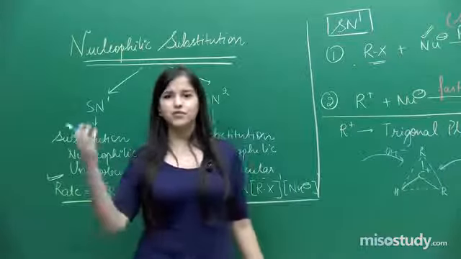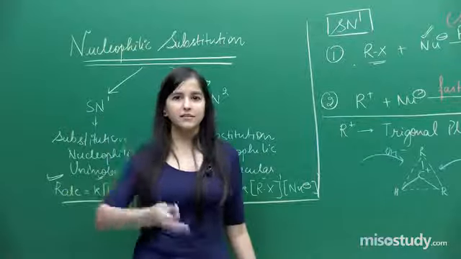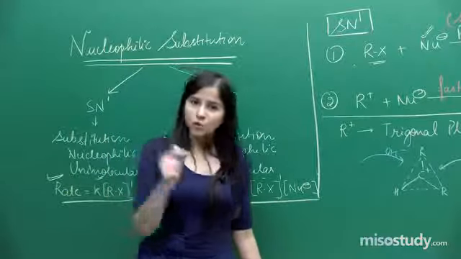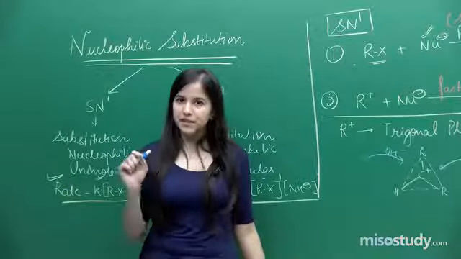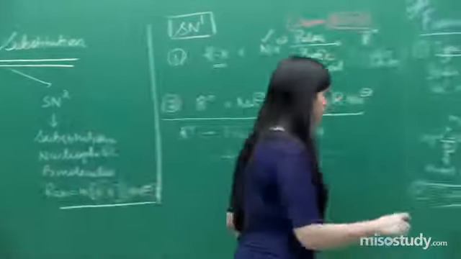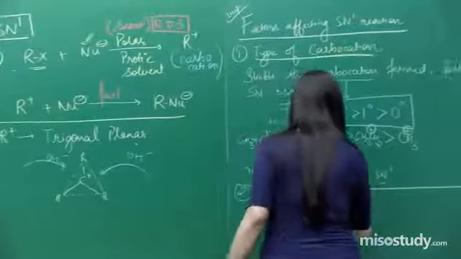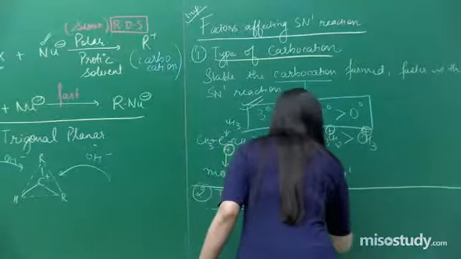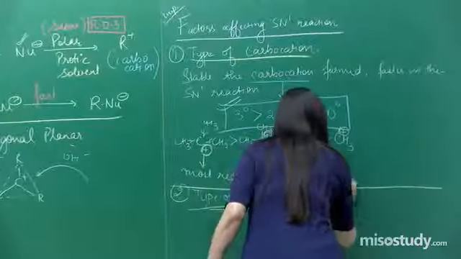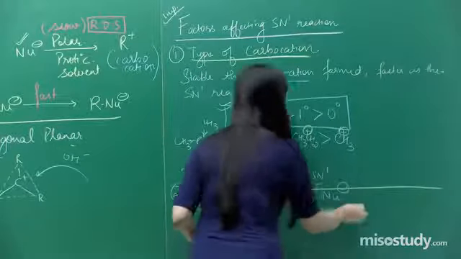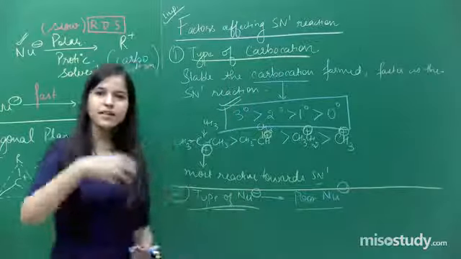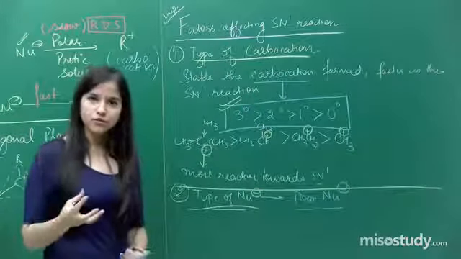So I can take either a strong or a poor nucleophile. Over here, it's really specific, we will be taking a poor nucleophile. Why is that so? If I take a very strong nucleophile, what will it do?